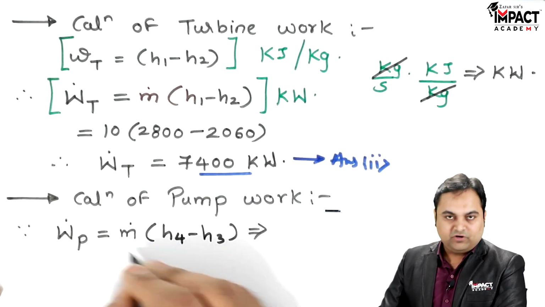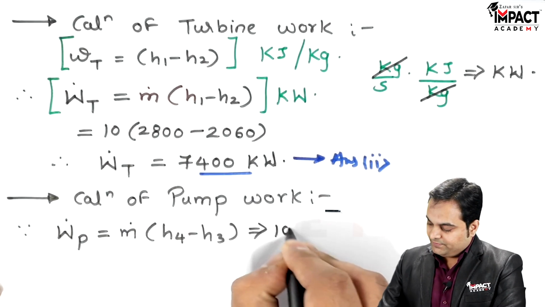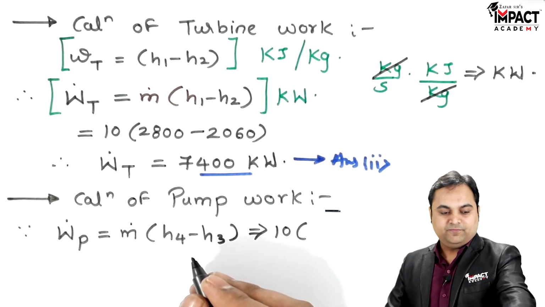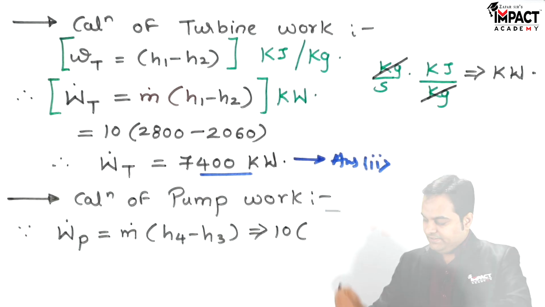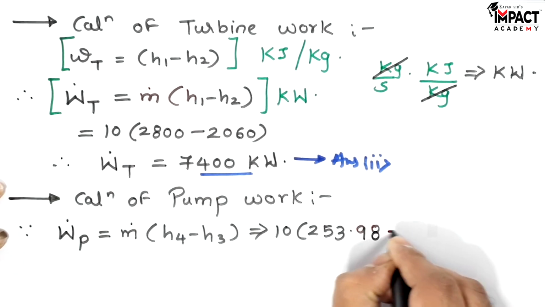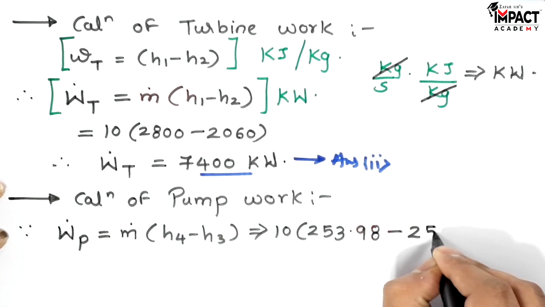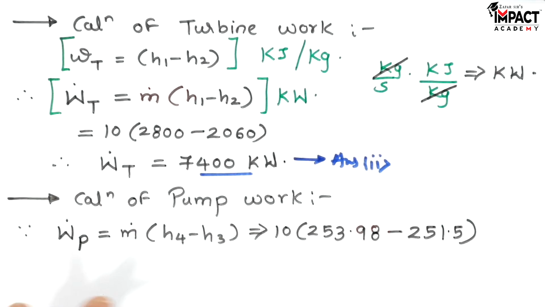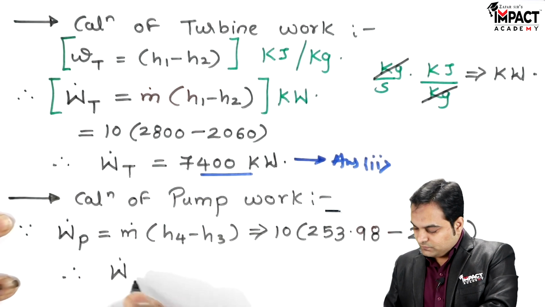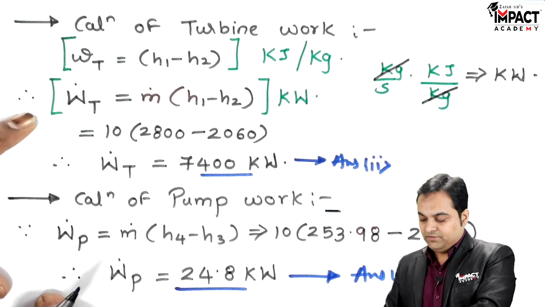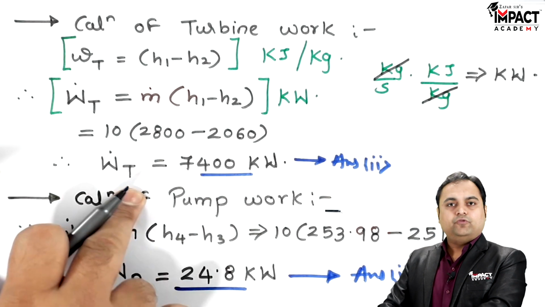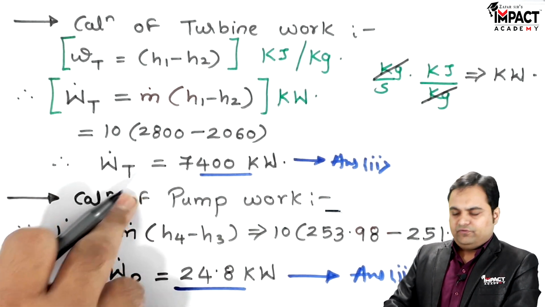So that is the pump work formula. M dot is 10. H4 we have got from the special formula, and the value was 253.98 minus H3 value. So on calculating this, the value comes out to be 24.8. That's the third answer.